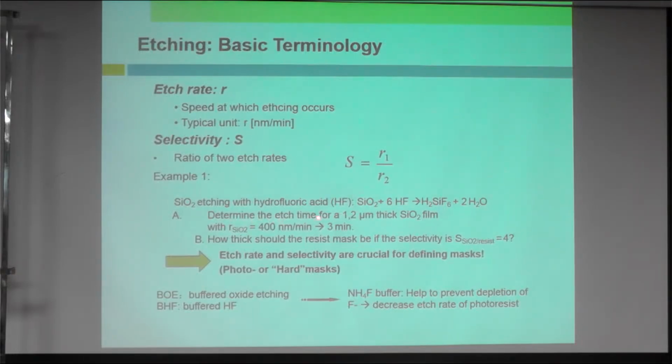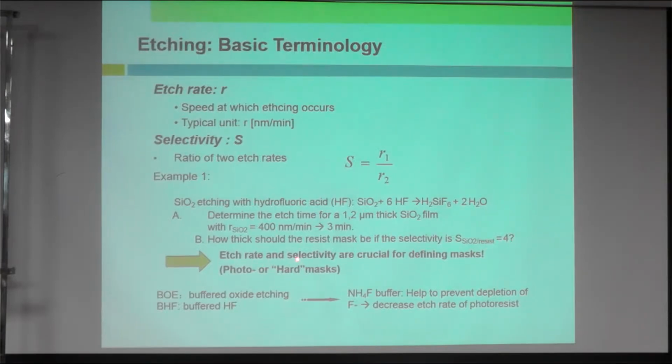So determine the etch time for a 1.2 micrometer thick silicon dioxide film, which etches at 400 nanometers per minute. So you can do it within 3 minutes, basically 400 nanometers per minute for 1.2 micron. How thick should the resist be if the selectivity is 4? So SiO2 over resist is 4.